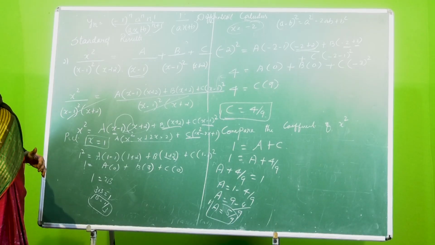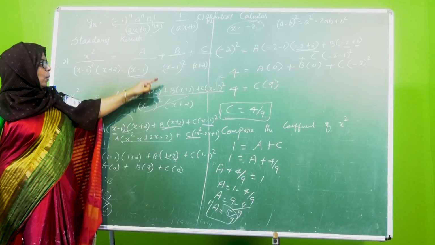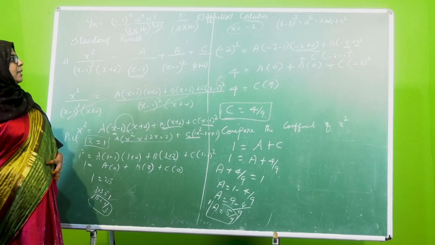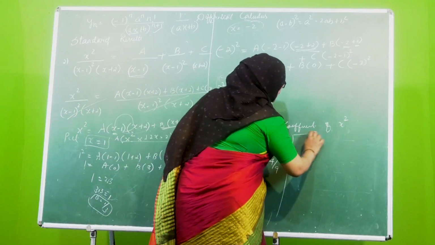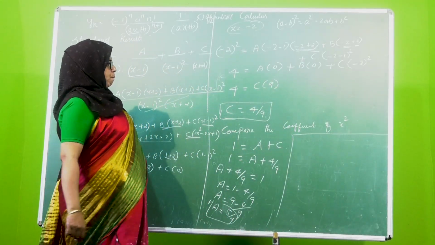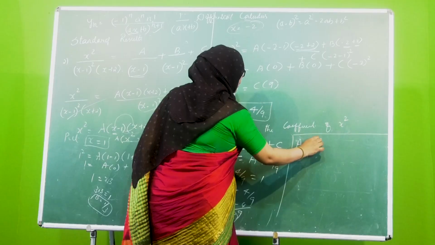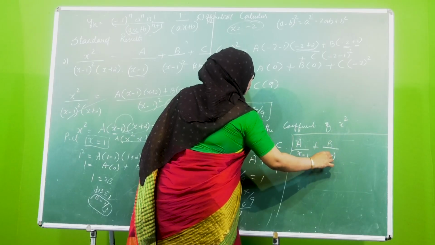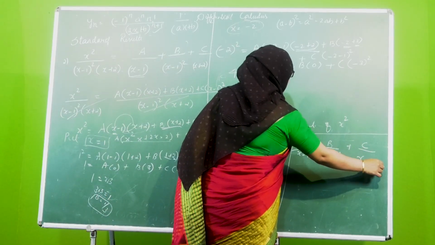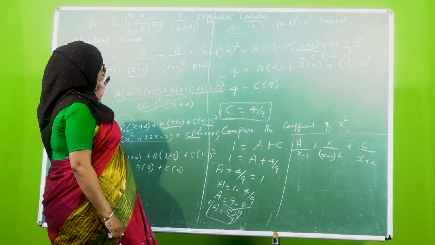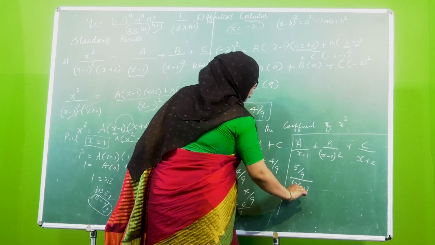Now we are going to substitute the values in A divided by x minus 1 plus B divided by (x minus 1) whole square plus C divided by x plus 2. What is the value for A? 5 by 9 into (x minus 1).